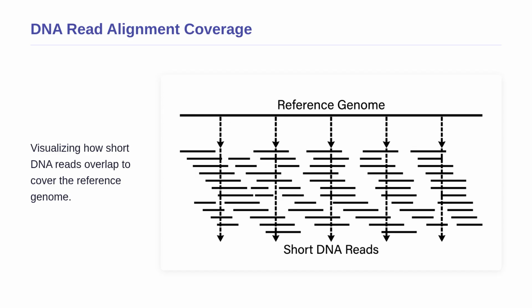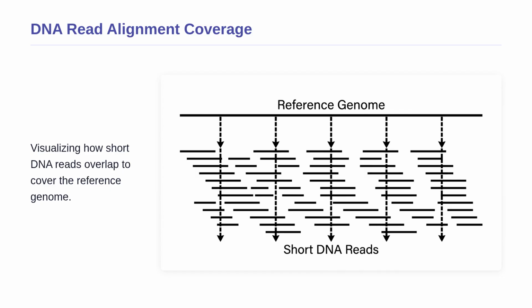Having calculated how many reads we need, let us visualize what this actually looks like. Here you are seeing a diagram of DNA read alignment coverage. At the top, the long horizontal line represents the complete reference genome. Below it, you can see many short, overlapping horizontal line segments.